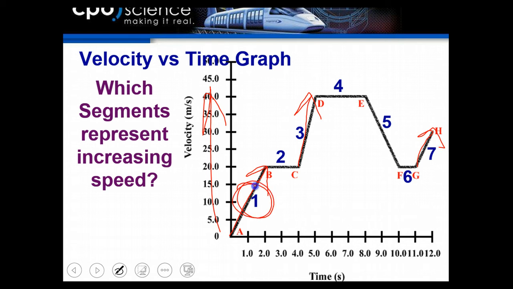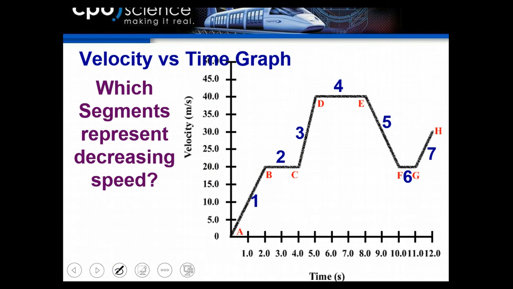So 1, 3, and 7. Okay, so which segments are decreasing speed? Again, pretty easy. Here is your velocity, and so the segments that would be going down, right? So you have segment 5.